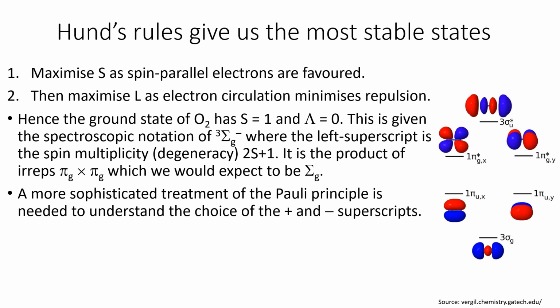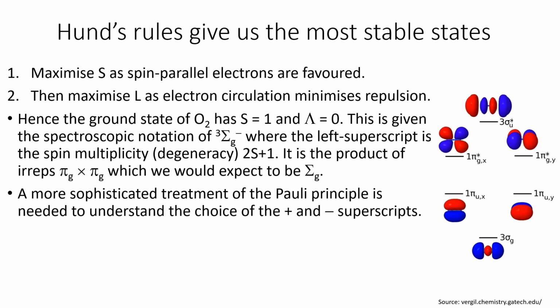But quite why we go for a minus in the ground state and not a plus is actually far from easy to explain. What it comes down to is applying the Pauli principle. But this is quite a sophisticated treatment of the Pauli principle. Normally when we look at the Pauli principle, we're just thinking about making sure that an electron doesn't have all the same quantum numbers as another electron.